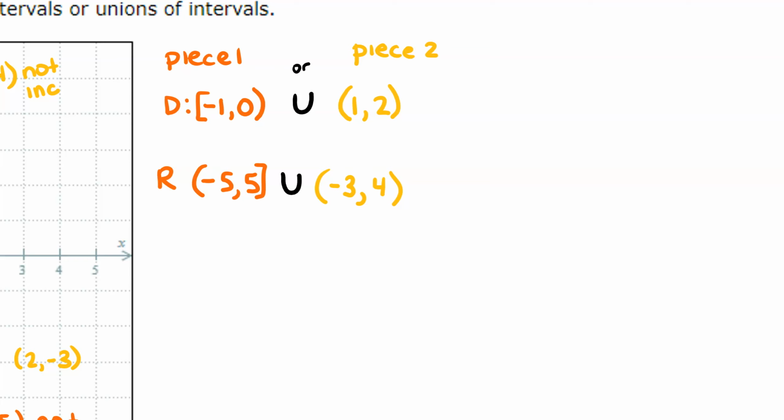So piece 1 says x is between -1, included, and 0, not included, or x is between 1 and 2. Now, is there any overlap that I've said twice? No. So the domain of my graph will be this weird looking interval, -1 to 0 union 1 to 2.